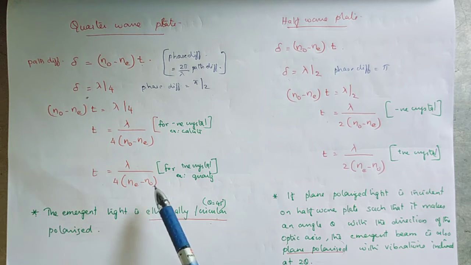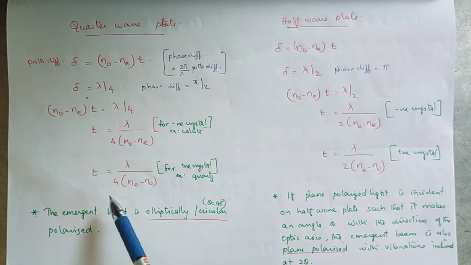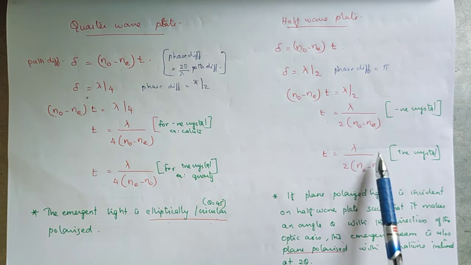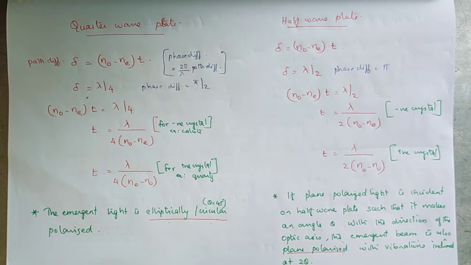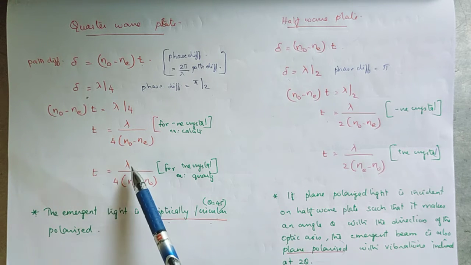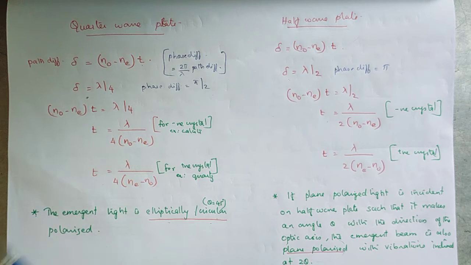That is, a particular plate can be accurately used with only one wavelength. So the same plate will not be equally suitable for other wavelengths.